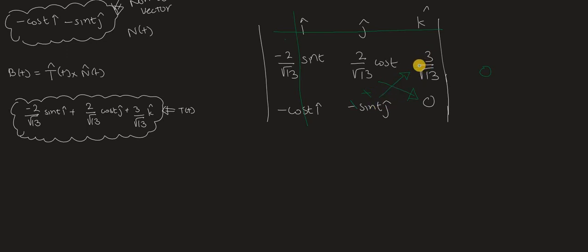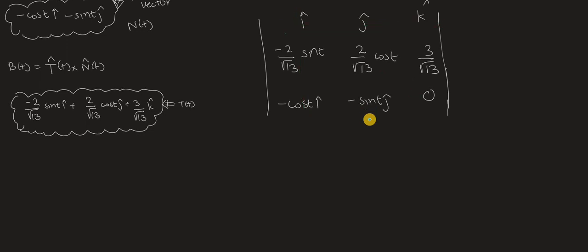So this is going to give us 3 over square root of 13 and sine t, right? So let me write it here: sine of t times 3 over square root of 13 i hat.